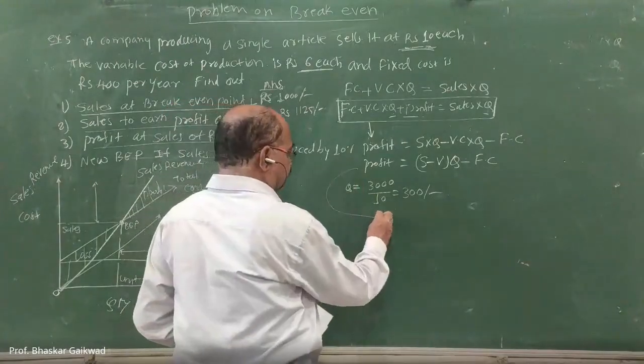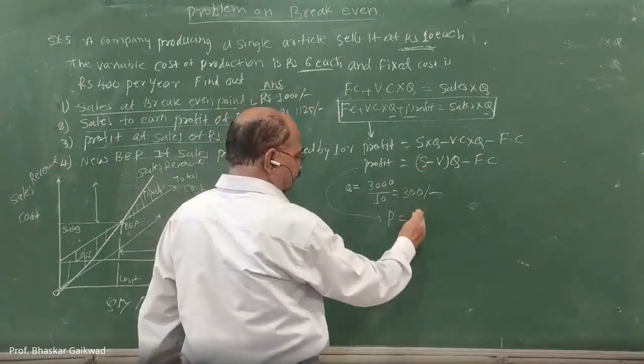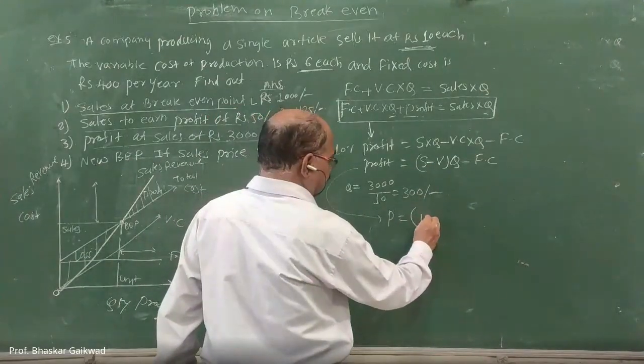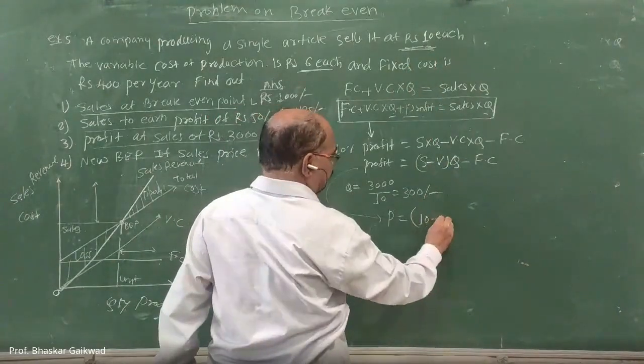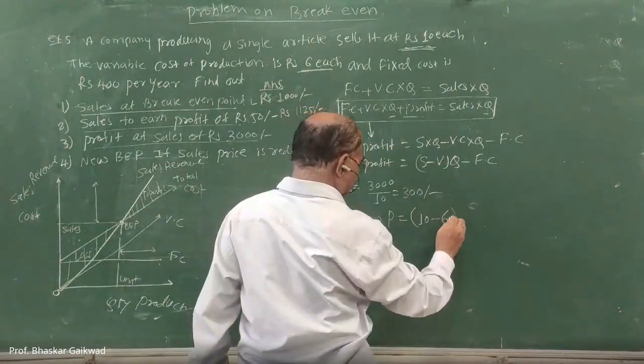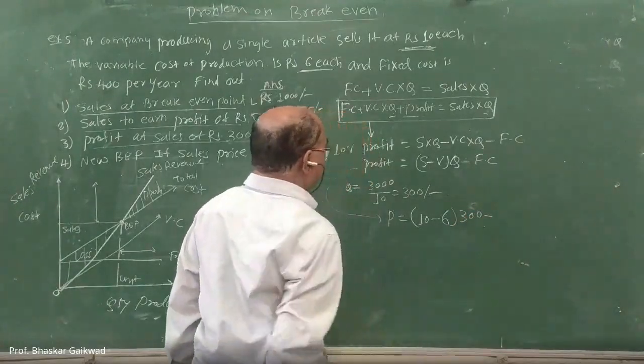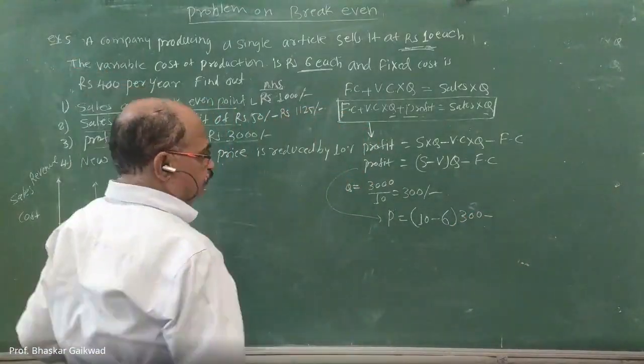So in this profit equation, what is the selling price of this unit? 10 rupees. Variable cost is 6. The quantity is 300. Fixed cost is 400.